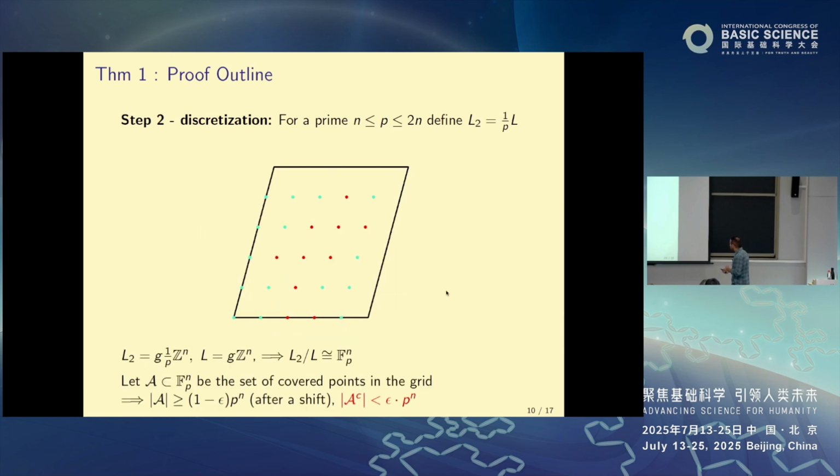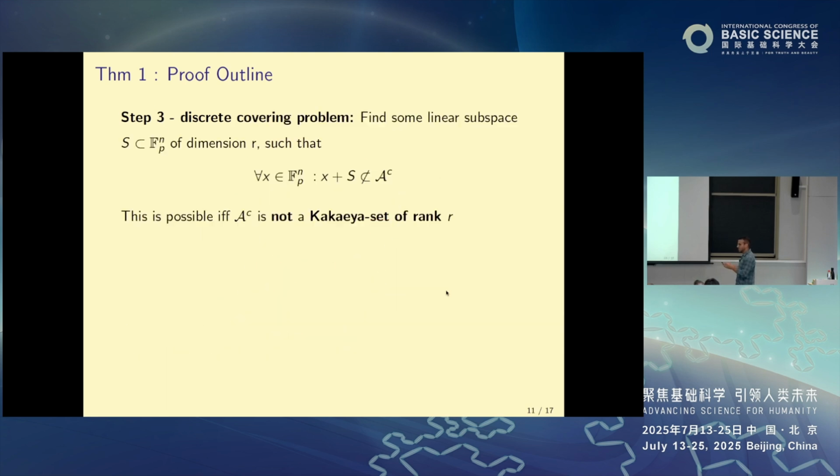So what I'm looking for now is a solution to this discrete problem in F_p to the n, right? I'm looking for a linear subspace S in F_p to the n, whose rank or dimension is R, such that for any x in F_p to the n, x plus S is not fully contained in A complement, right?